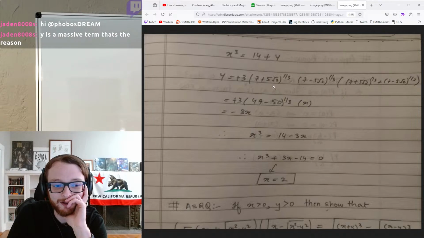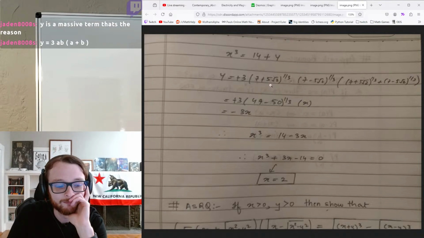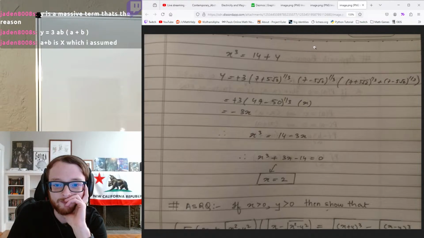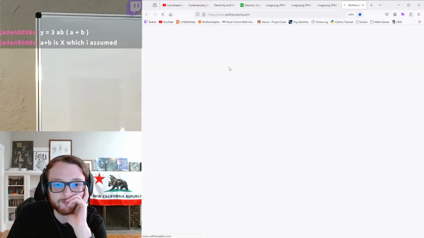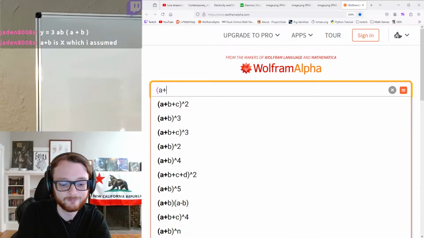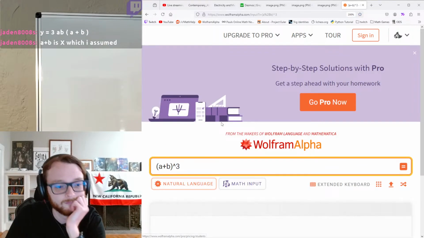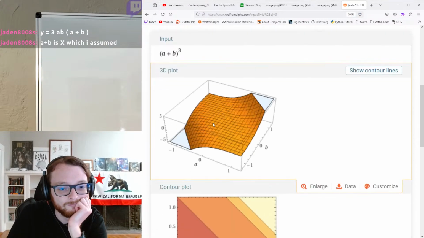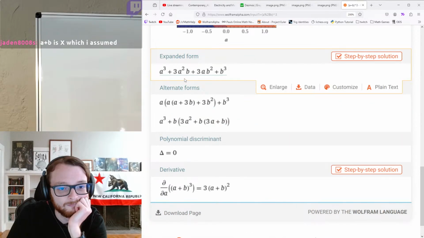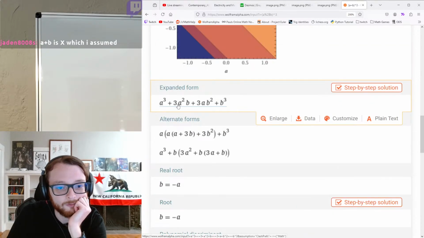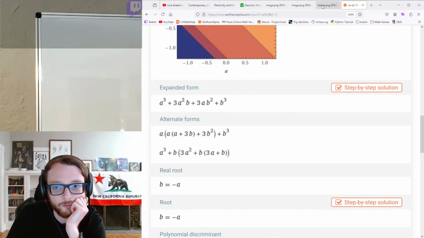It's a little bit cleaner, I guess, but like 3ab times a plus b. Yeah, you factor out a 3a and b from the thing in the middle. Okay, so that's where that comes from.